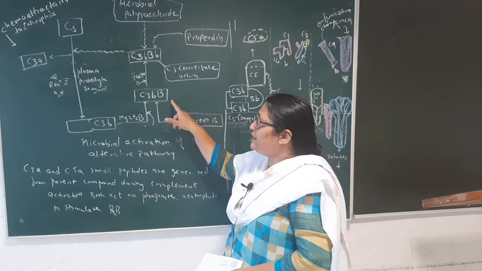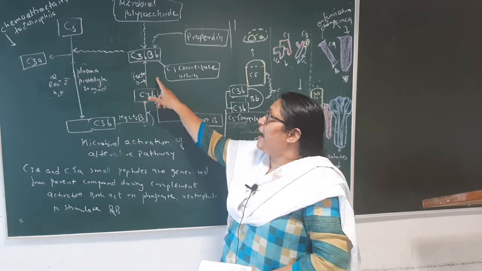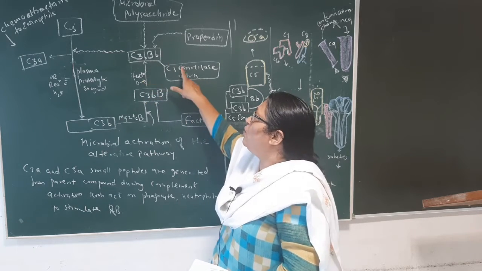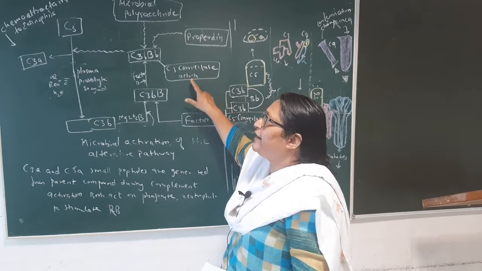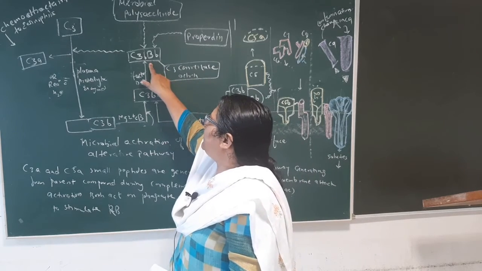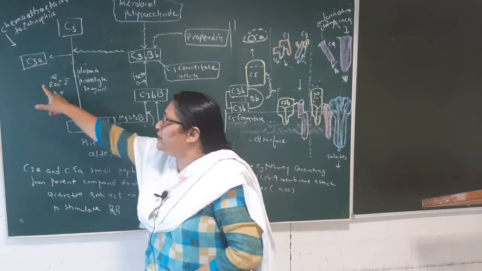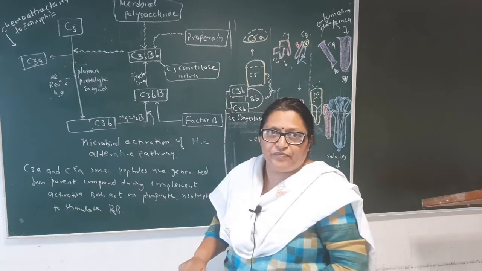This undergoes cleavage by factor D and produces a complex which has C3 convertase activity, in such a way that this C3 convertase is responsible for maintaining the concentration of C3a and C3b.